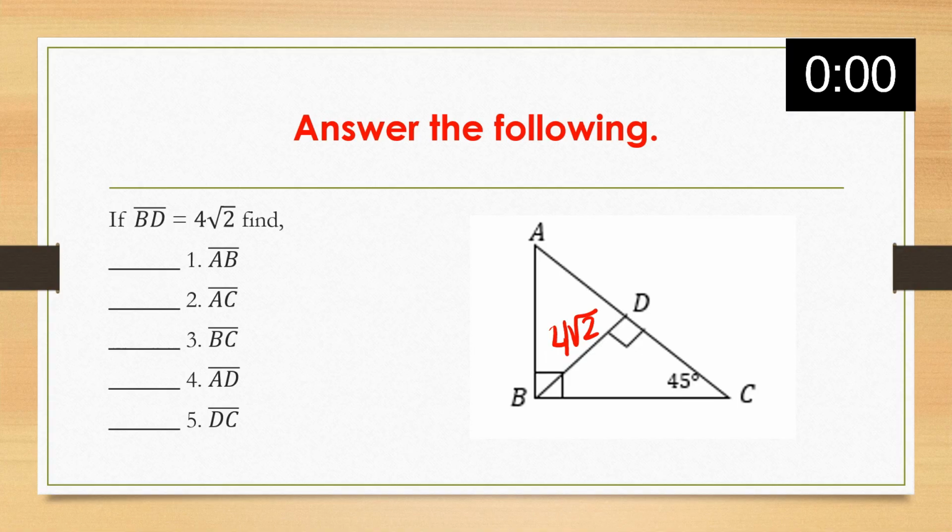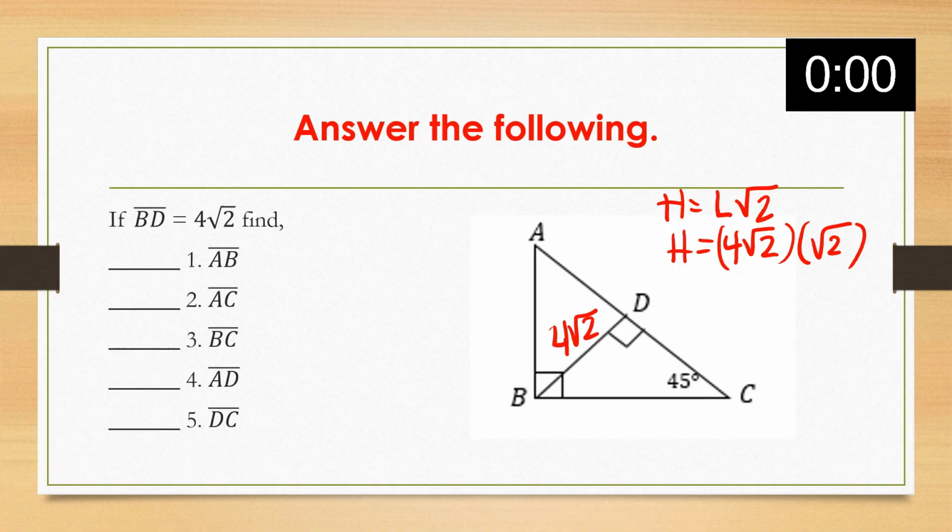To get the hypotenuse, hypotenuse is equal to leg times the square root of 2. Since our given leg is 4 square root of 2, the hypotenuse is equal to 4 square root of 2 times square root of 2.